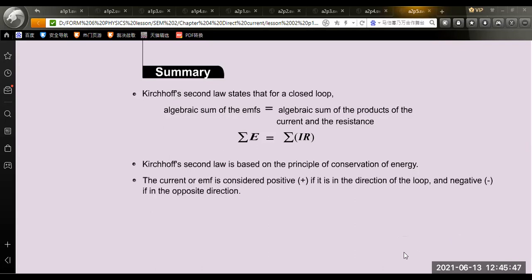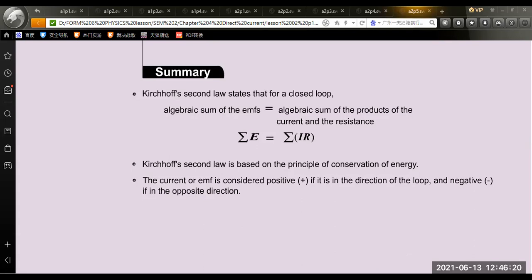The current and the EMF are considered positive if they are in the same direction as the loop, and negative if they are in the opposite direction to the loop.